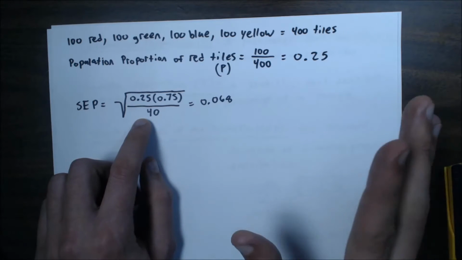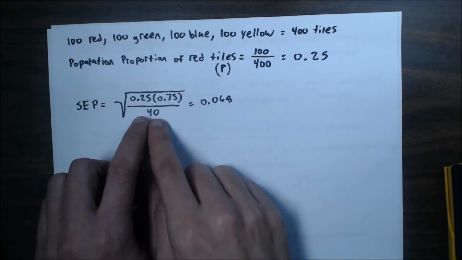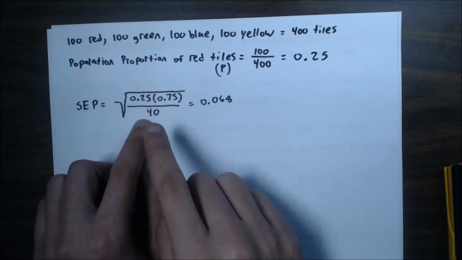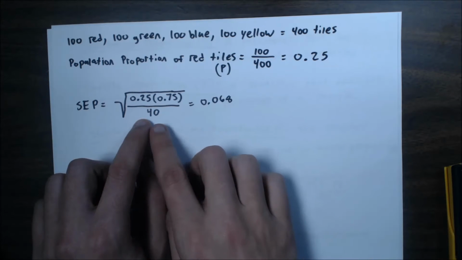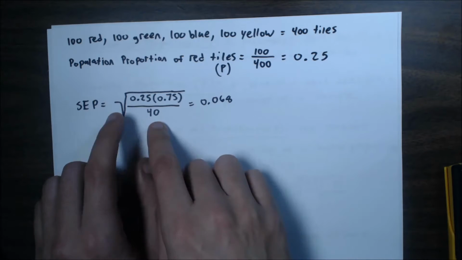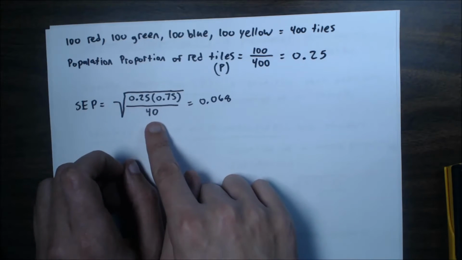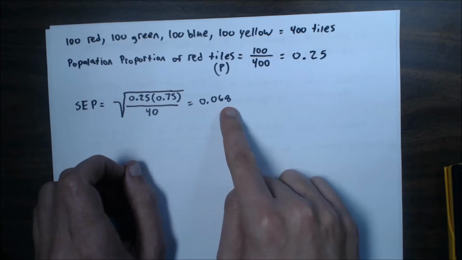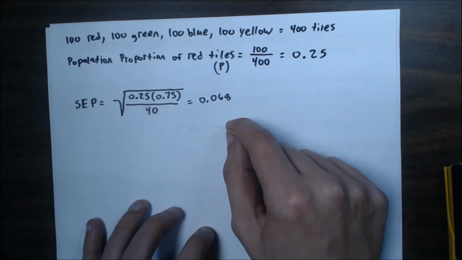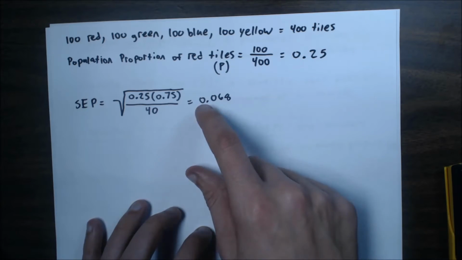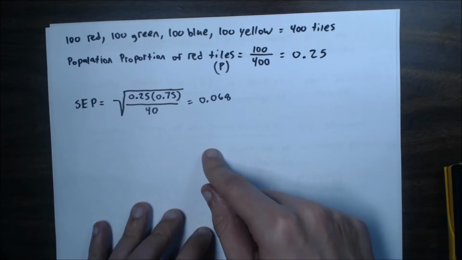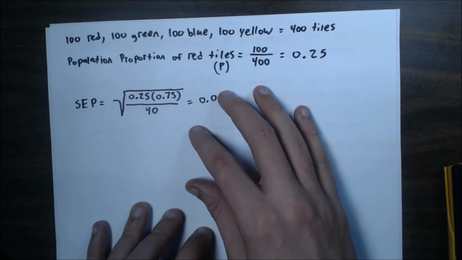Now, I haven't taken a sample yet, but what this is saying is if I were to reach into that bag and pull 40 tiles out, that means N, the sample size, would be 40. Then when I plug this formula in my calculator, I get 0.068. This number is the standard deviation of the distribution I would get if I were to do many samples. And we're going to look at that here in just a second.